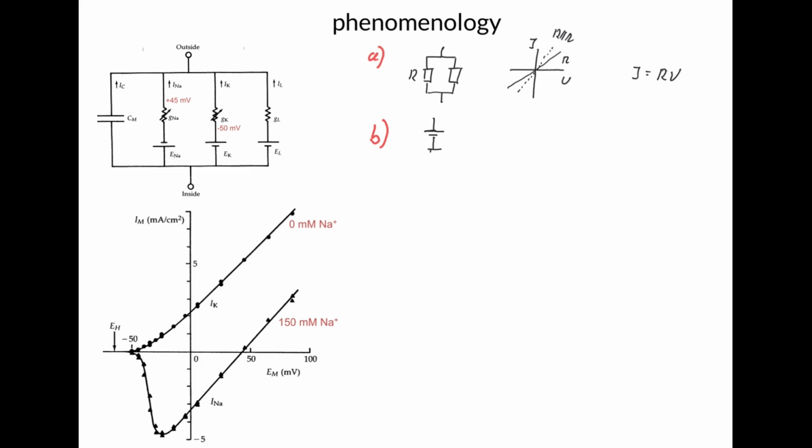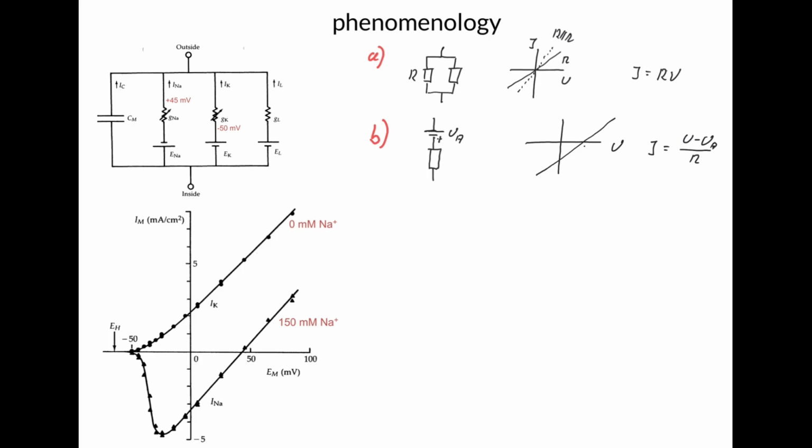So the effect of adding an additional battery into your electrical scheme is just that you shift the linear IV curve in the x direction, depending on the membrane potential that you assume. And then the line just crosses zero voltage, zero current at the membrane or Nernst potential that you apply.